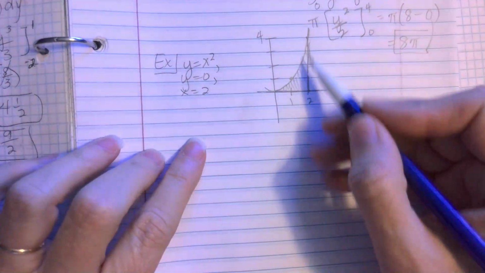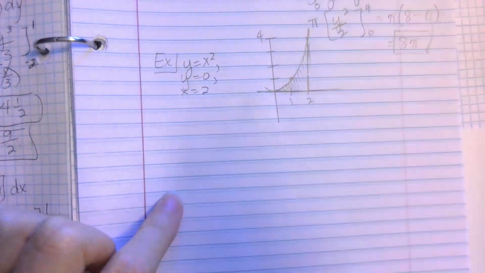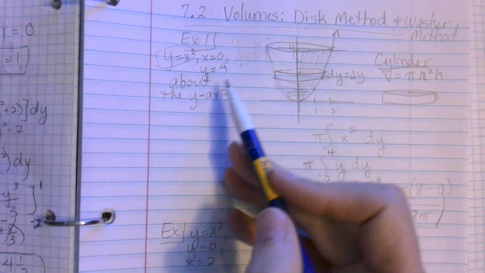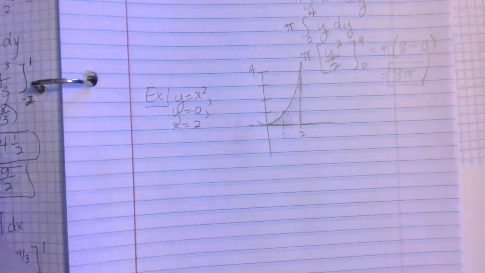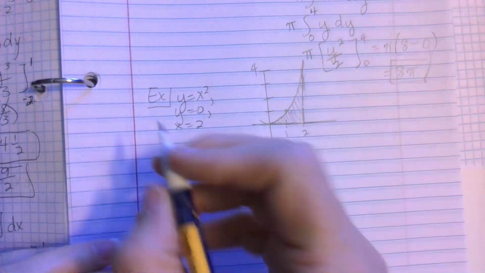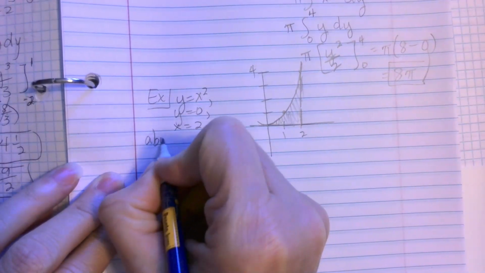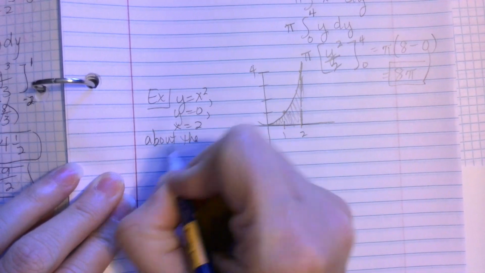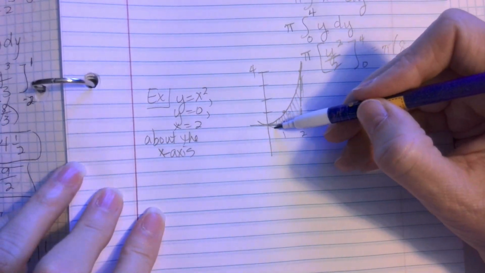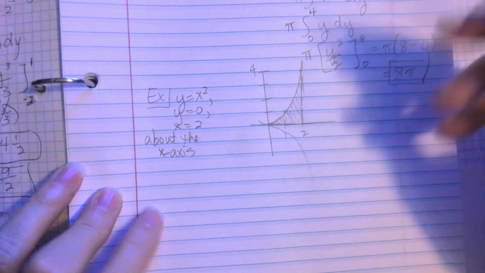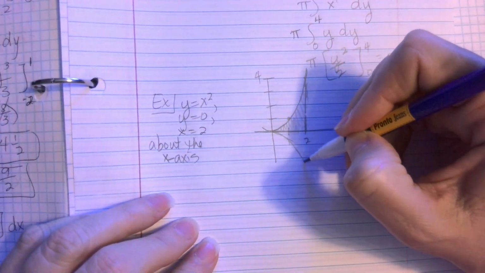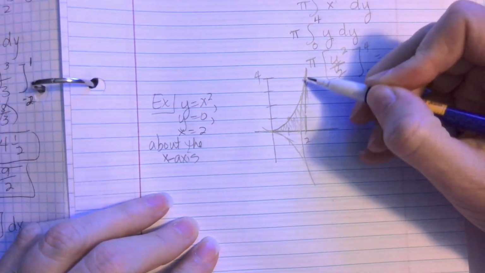Anyway, I have a new area just because we're using a different set of equations to bound it. That little area is now going to be rotated, or revolved, about the x-axis. If I rotate it around, now it's a weird looking thing. I always call these kind of like tornadoes, or a funnel.